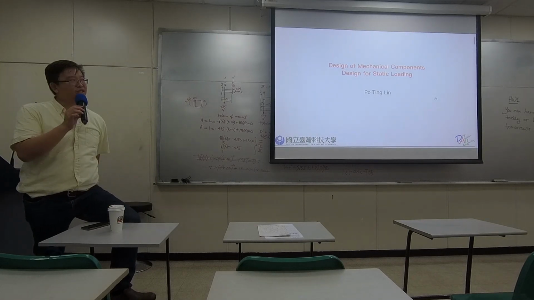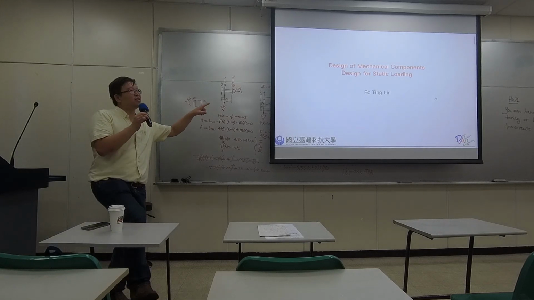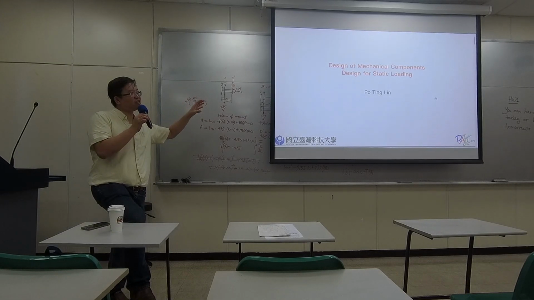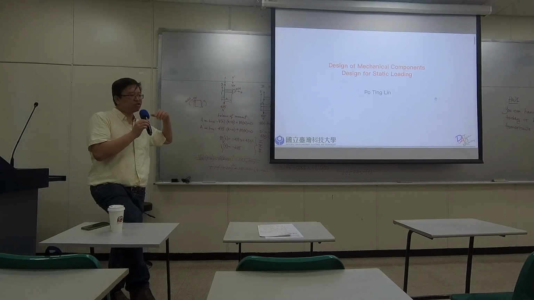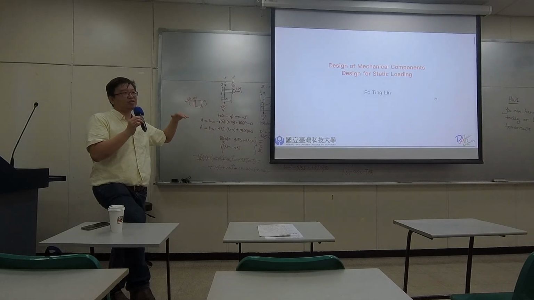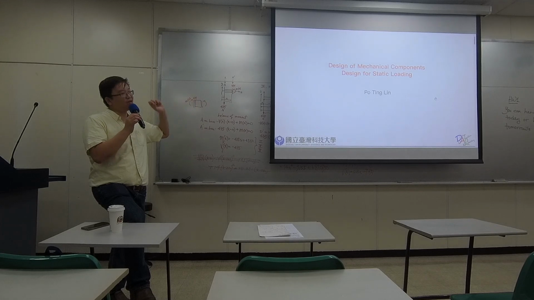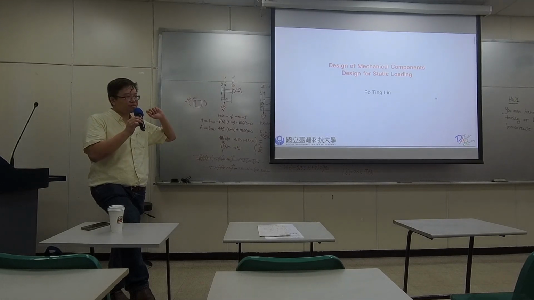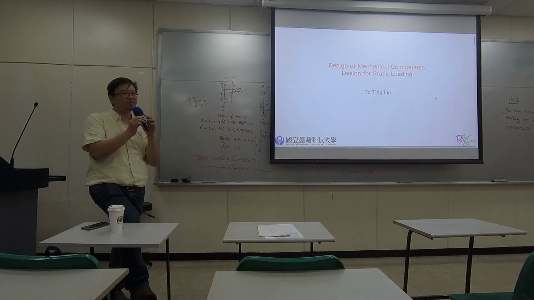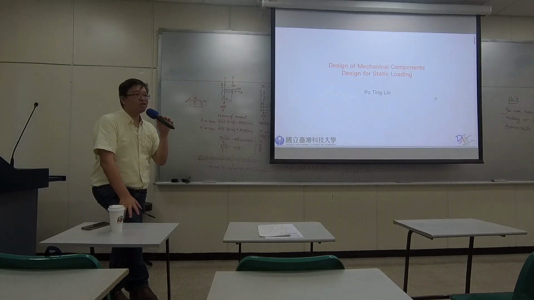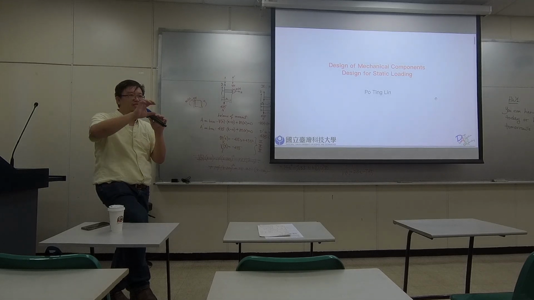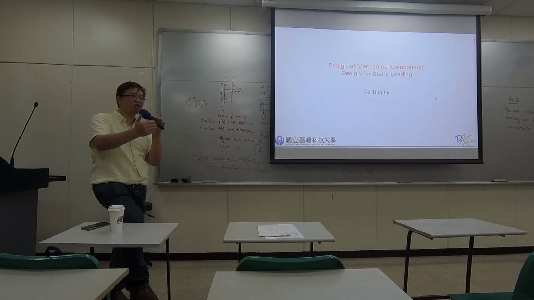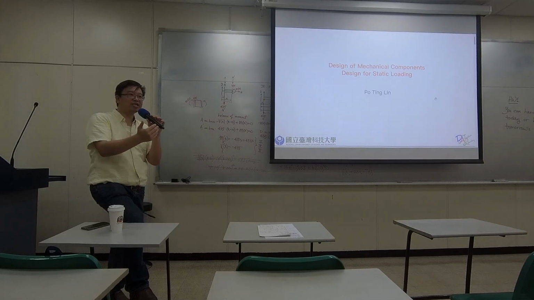Now, in this particular part of the lecture, we're going to introduce different models. Those models, I call them design models. Those models will help you to make good decisions. So later on, when you decide to make your part stronger, you have some theory behind it, and you know how much stronger you can provide.